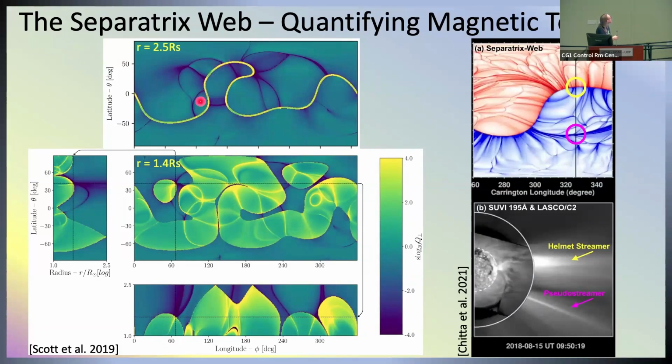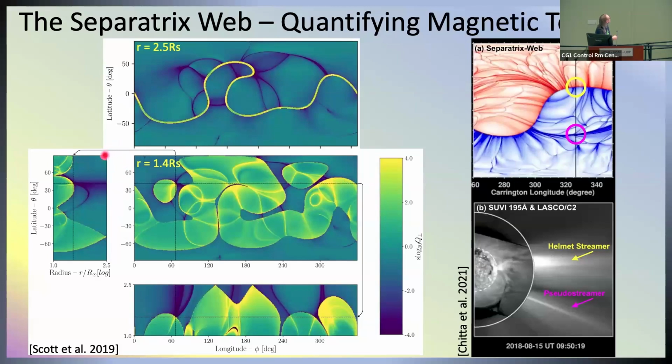you can see the tip of the helmet streamer, which is this singular line all the way around here. I'm now intersecting a bunch of this closed flux. So I took my surface, which was at 2.5 up here, with my one singular yellow line all the way around here.